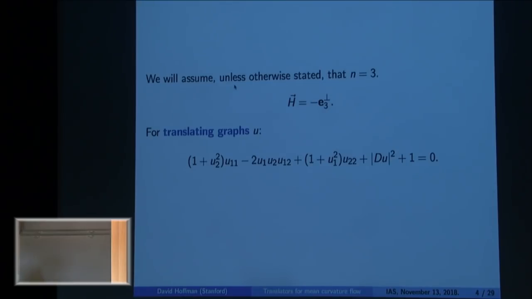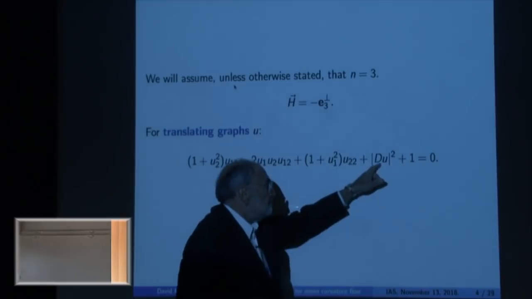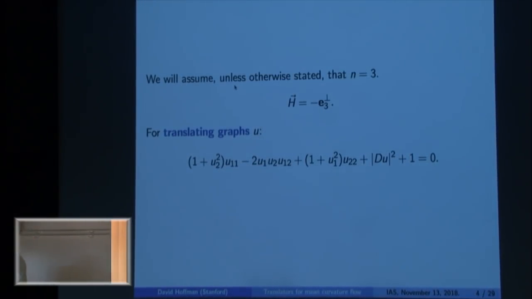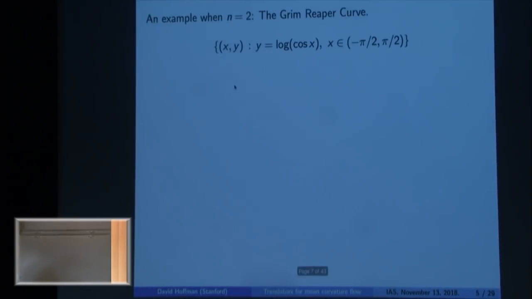Okay, we'll assume we're translating in the vertical direction, downward, and writing it out in very classical notation. You see the minimal surface equation plus this gradient term. Okay. Let me give you the simplest example.